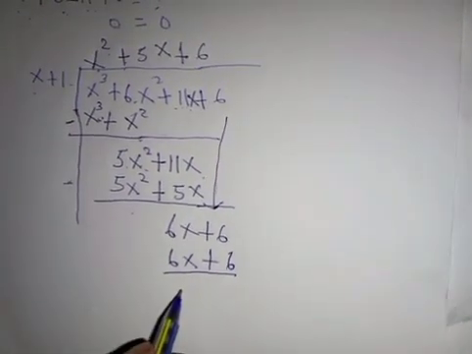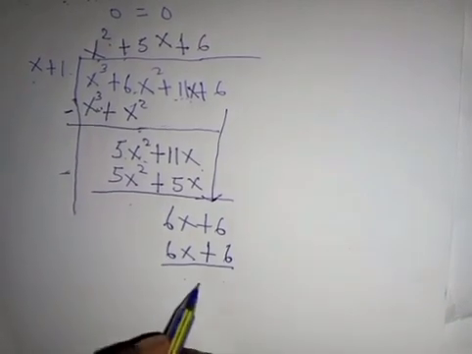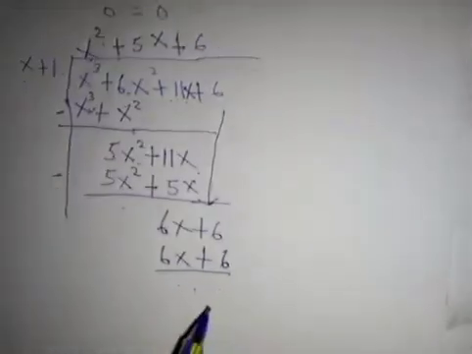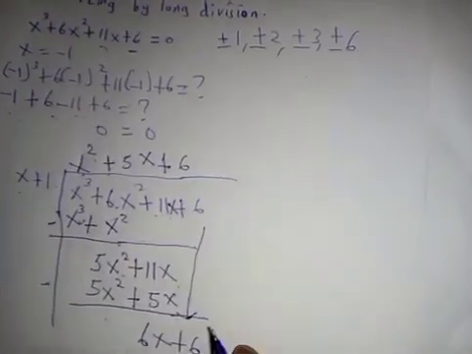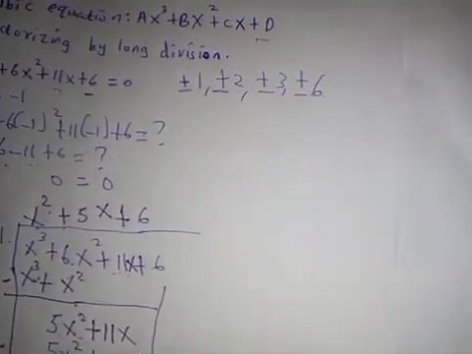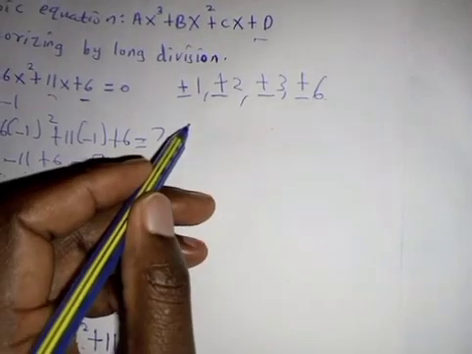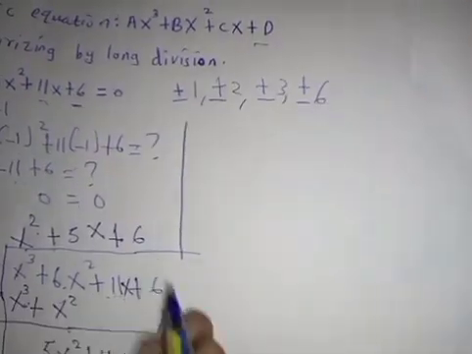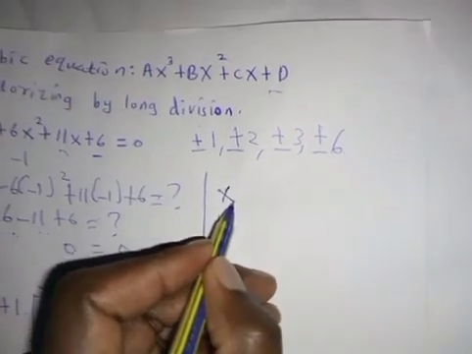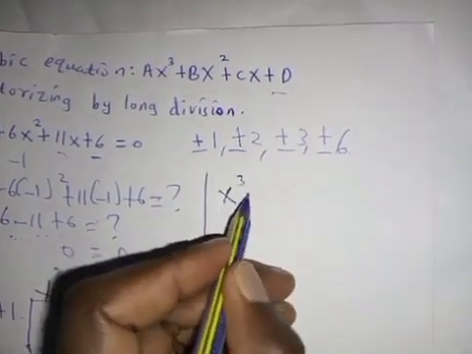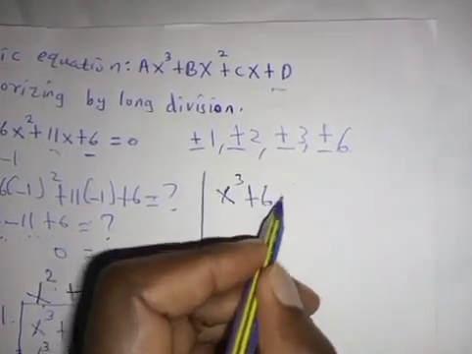You subtract this. Of course, 6x minus 6x is 0, then you have 6 minus 6 is equal to 0.